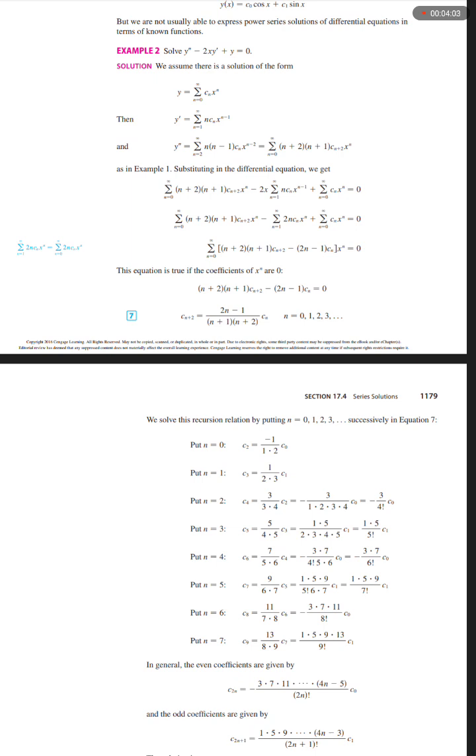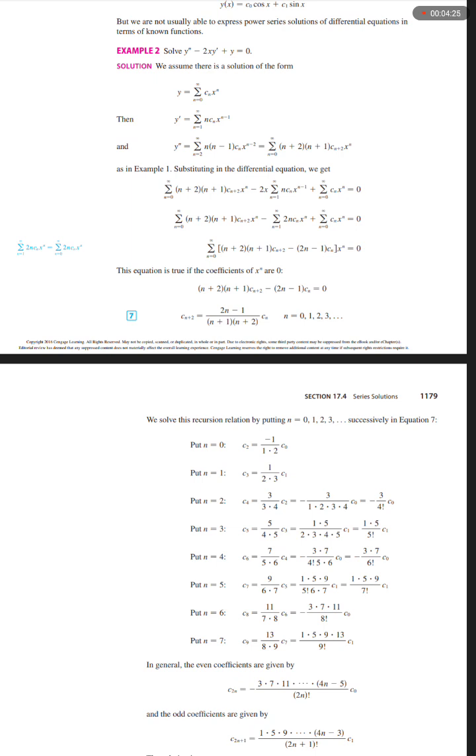Back to the text. Equation 7. C sub n plus 2 equals 2n minus 1 over open n plus 1 close open n plus 2 close times c sub n, n equals 0, 1, 2, 3.